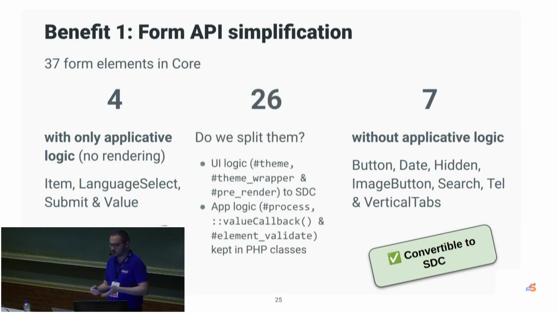And in the middle, what do we do with other form elements? We propose to extract the logic in PHP which is purely there for presentation into the SDC component, and keep the applicative logic, data validation, and manipulation in the PHP class.